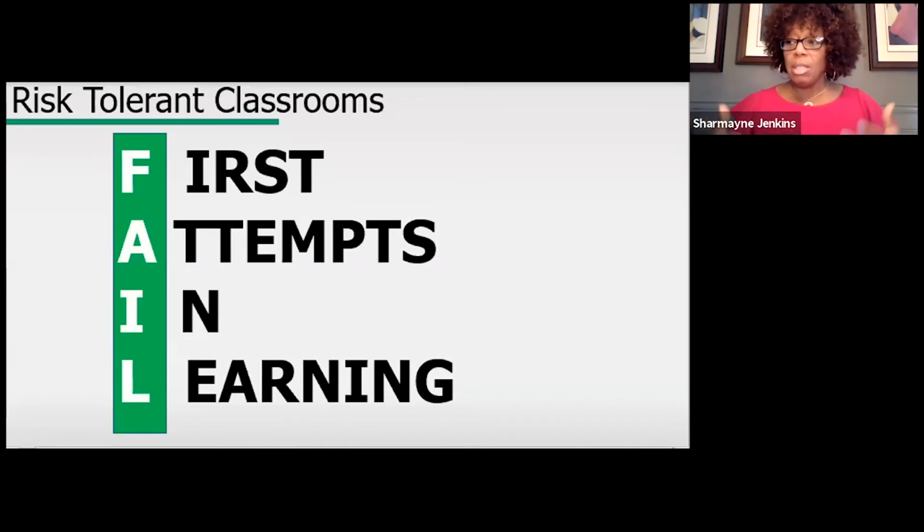So it's possible to change students' attributions so that they see poor grades as a result of a temporary and not permanent cause. What I used to tell my students is that this grade is not a reflection on you, it's a reflection on your aptitude around this information.